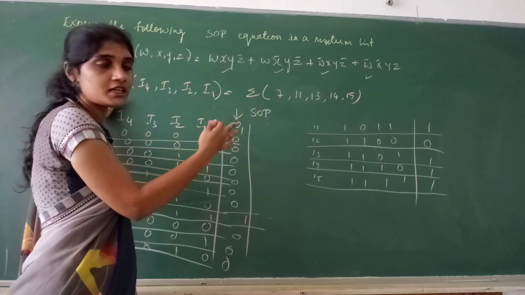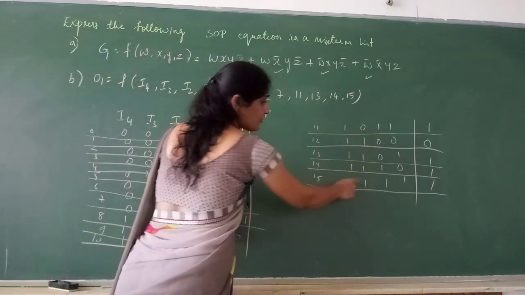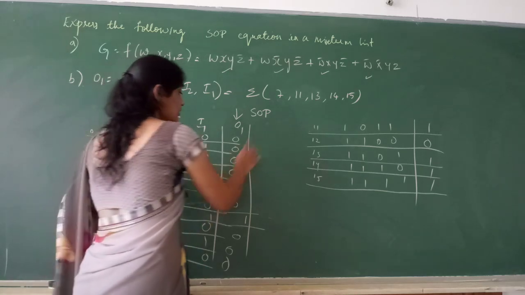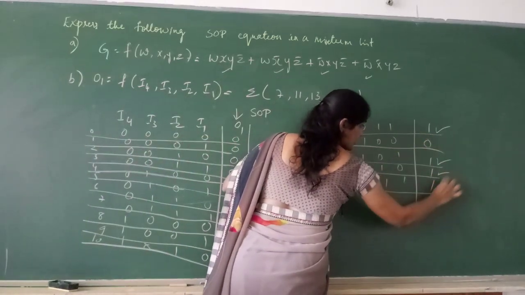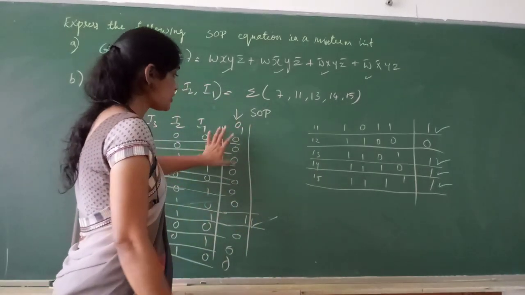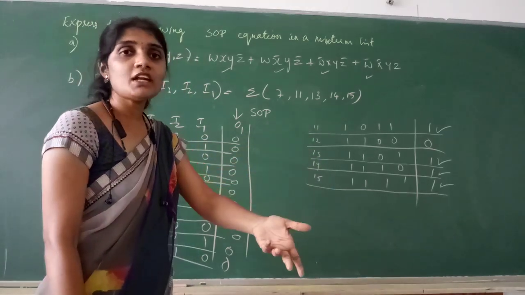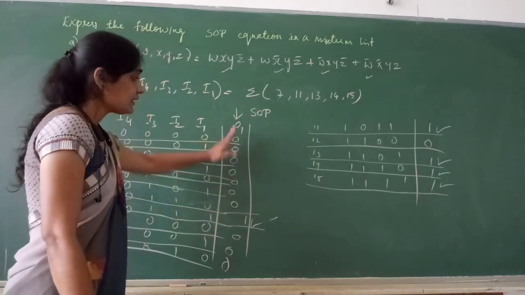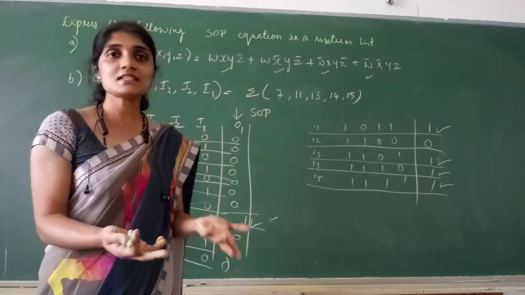That is understood, right? That means only 7, 11, 13, 14, 15 are min terms. For these combinations output is taking logic 1. For the remaining combinations output is logic 0. Then all the remaining combinations are nothing but max terms, is it not?